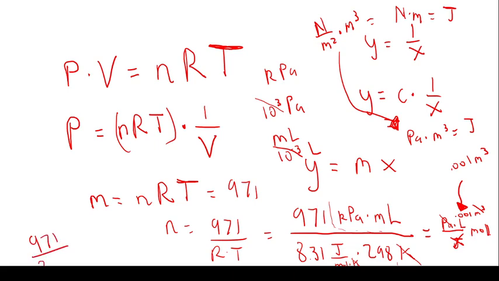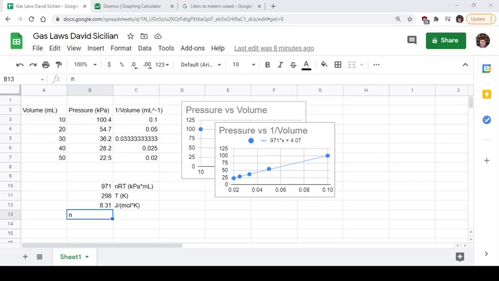So this is the calculation we need to do: 971 divided by 8.31 times 298. But then we can't forget to multiply by 0.001 for that unit conversion factor. And then we'll have a quantity that will just be moles. So back to our spreadsheet calculator here.